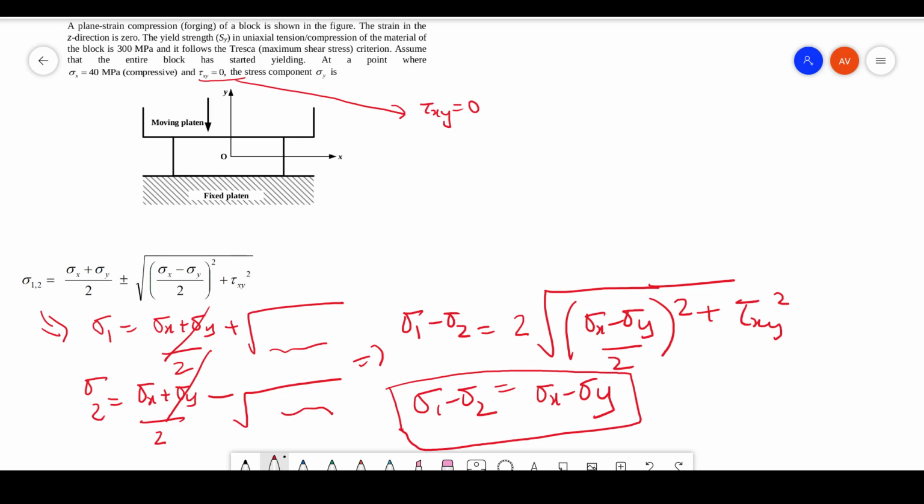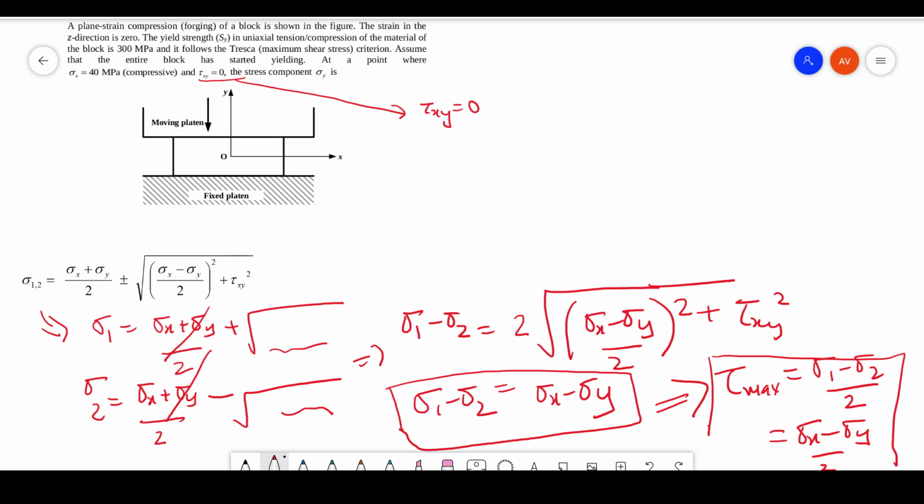Sigma 1 minus sigma 2 is sigma x minus sigma y in this case, after doing all this square term and all. So we can use this to calculate what is maximum shear stress, that is sigma 1 minus sigma 2 by 2, which is again sigma x minus sigma y by 2. So now we can use this particular condition in our failure theory.